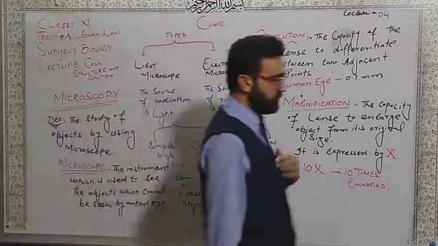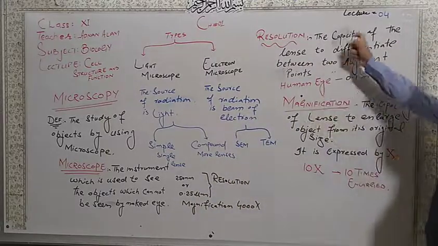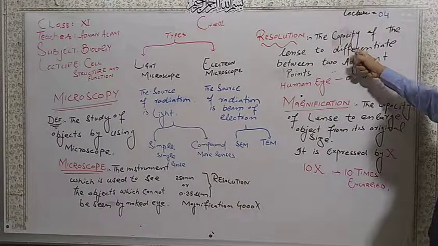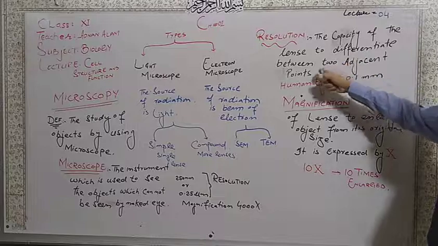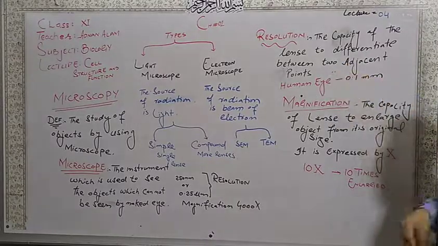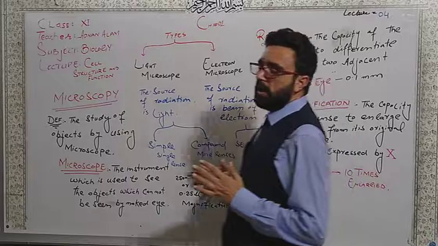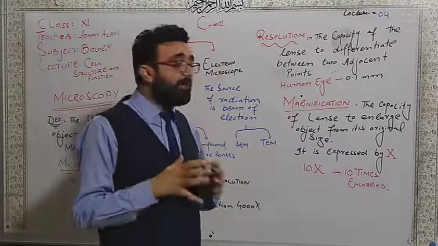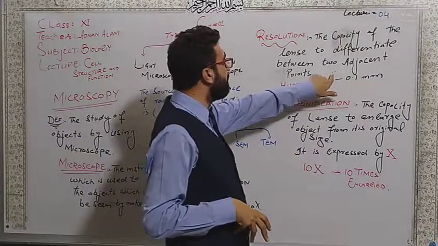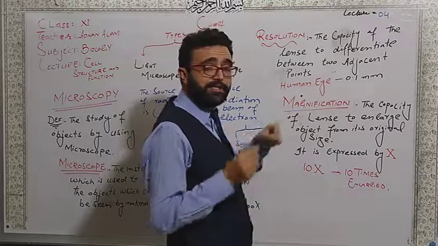Now, what is resolution? Resolution is the capacity of the lens to differentiate between two adjacent points. These are two adjacent points, for example. Resolution is the ability to differentiate between two adjacent points.